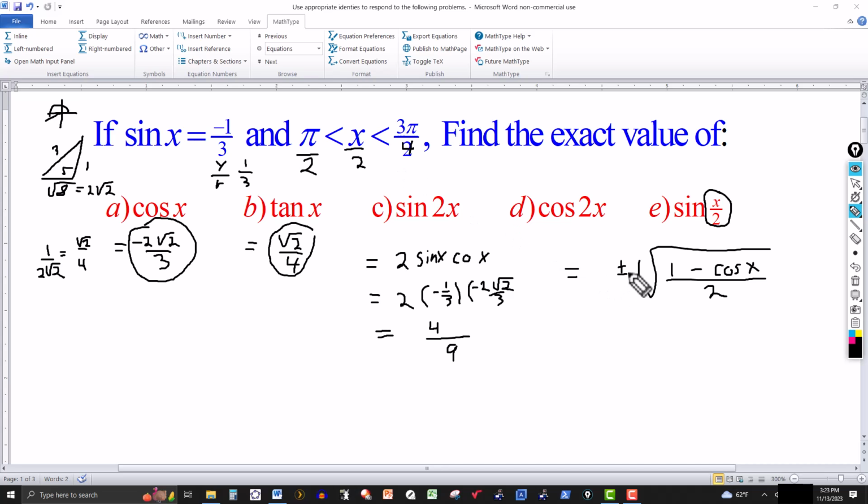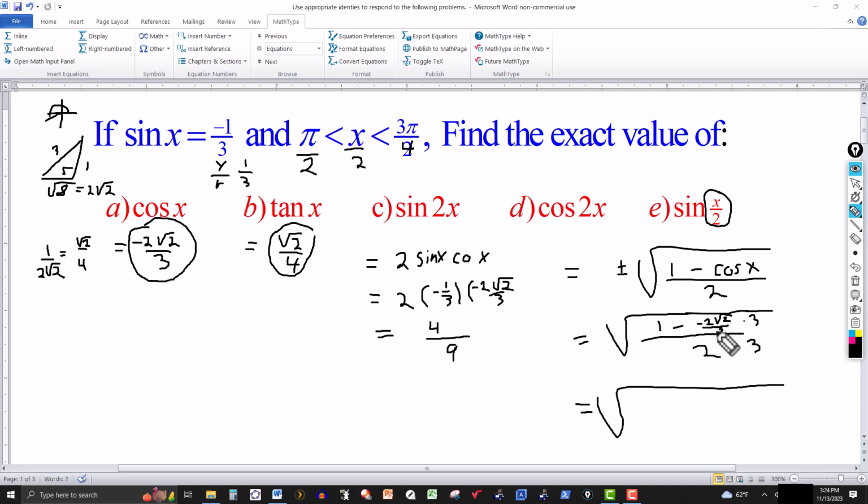In quadrant 2, the sine of an angle is positive. So I just make it a positive here. And then I just substitute. I have 1, of course, given by the formula, and then the cosine of x, we found that in part A. So this would be minus 2 square root of 2 over 3, and this is over 2. So let's clear the fractions inside the radical here. Let's multiply this by 3, and multiply this by 3.